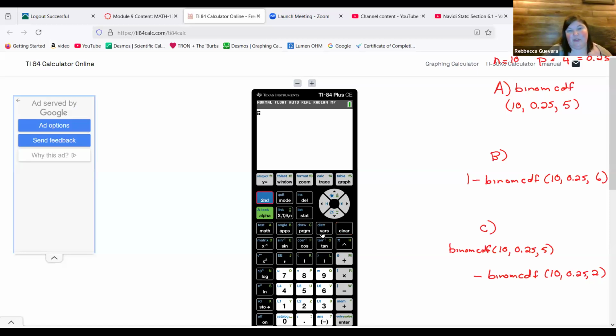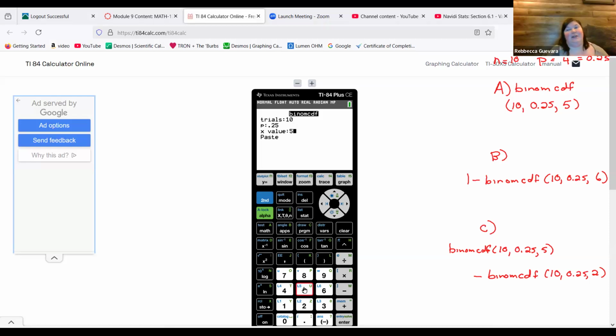All right, so we do second vars, that takes me to distributions. I go all the way to the bottom. And I'm doing the CDF. So now I have 10 trials. I have a probability of 0.25. And for my first one, I want to figure out the probability of getting 60% or less.